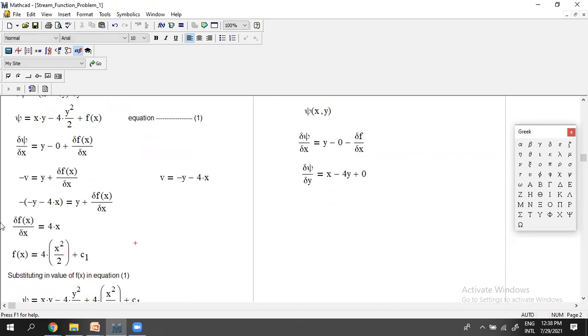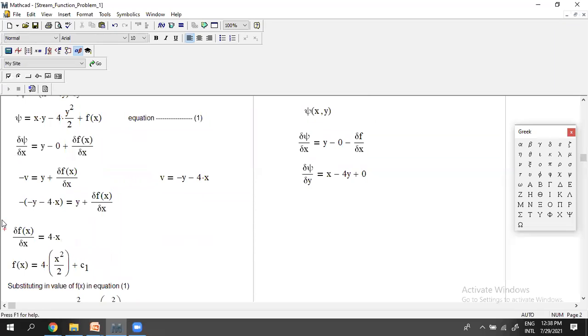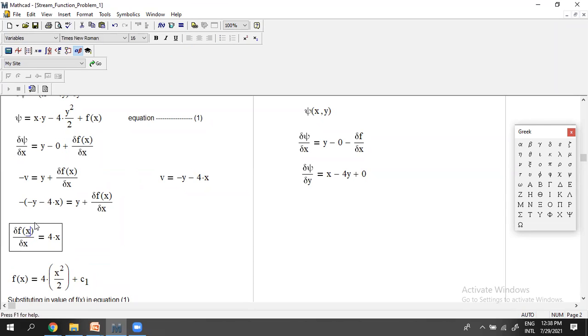So from here, you figure out this value. Just rearrange the equation, you see y will be out. So you figure out del f by dx equal to this one. Now from here, you figure out f of x. This f of x equal to this one plus a constant.